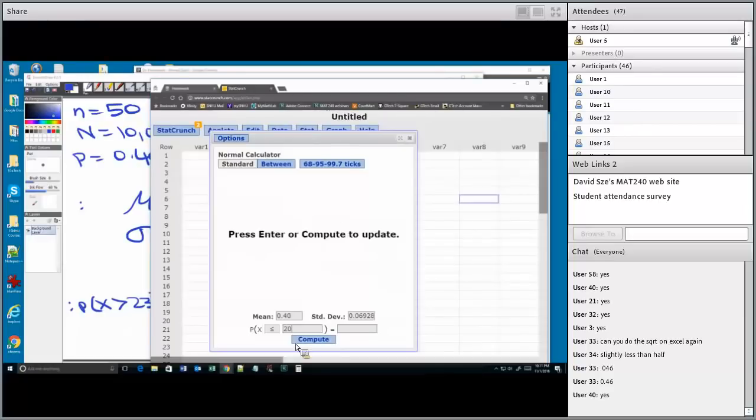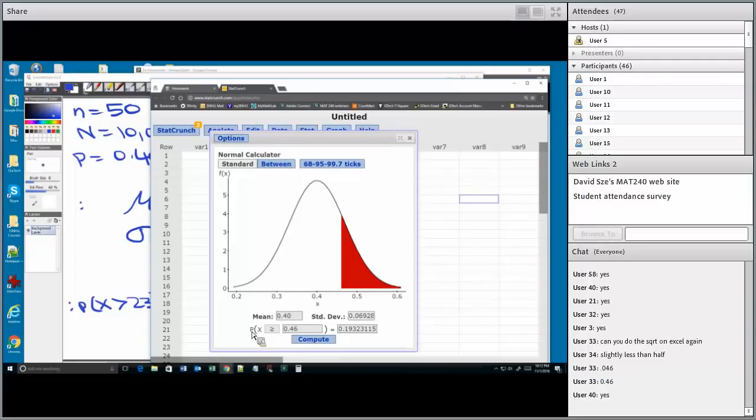So I'm going to put 0.46 or more, and change this to greater sign. Did you follow all this, what I did here? I put 0.40 for the mean, 0.06928 for the standard deviation, and 0.46 because that's what the problem is asking you to do. And I get this answer, and this is the diagram. So let me know if you followed all this, and if not, I can maybe answer the questions.